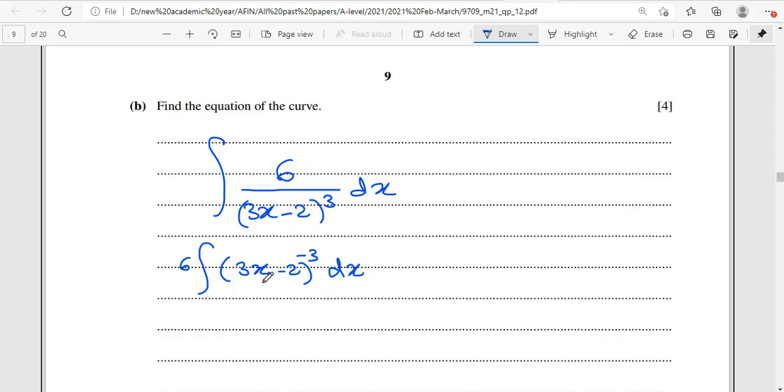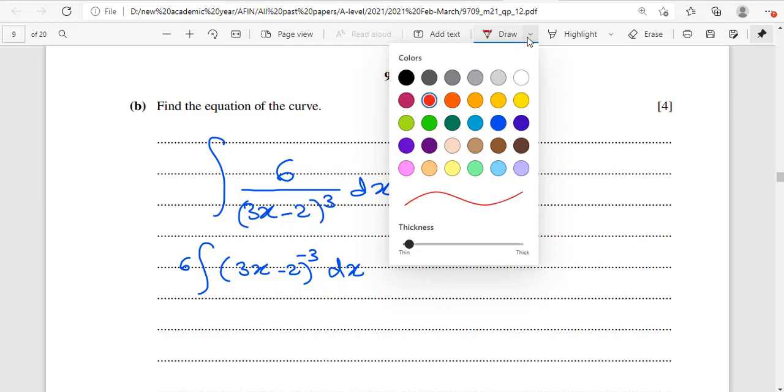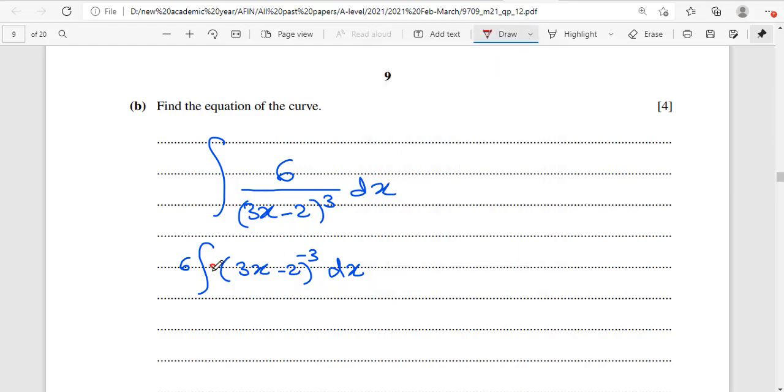In order to integrate this, we need to have the derivative of the inside outside. The derivative of the inside of the bracket is 3. Then we need a 3 outside, and to keep the balance, we add 1 over 3 outside the integral.